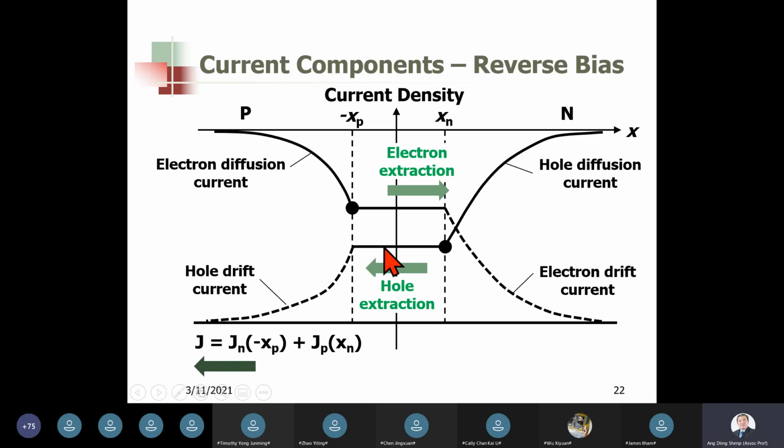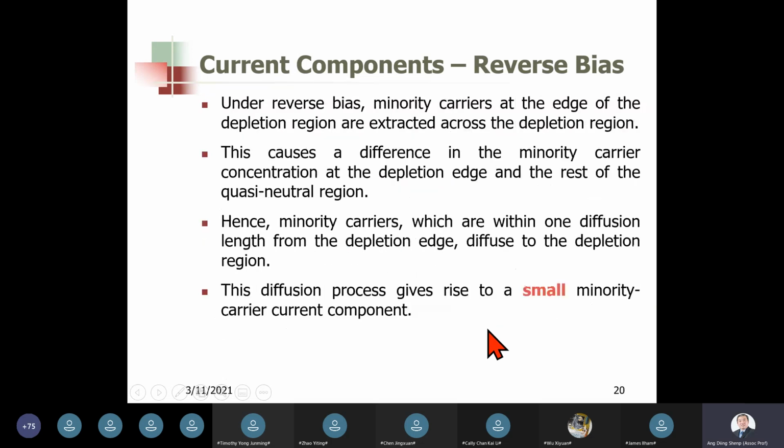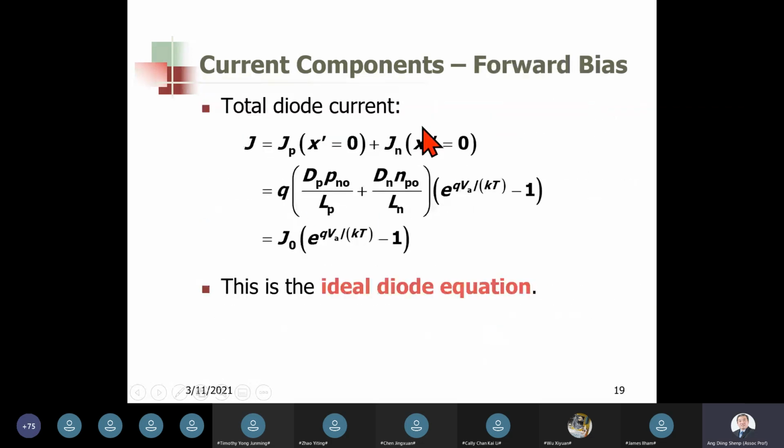All right, so since these are the only two currents flowing across the space charge region under reverse bias, the sum of the two currents will give me the total current flow under reverse bias condition. So the same two equations can be used to obtain the total current flow, and therefore the ideal diode equation that we derived for the forward bias case is also applicable to the reverse bias case.